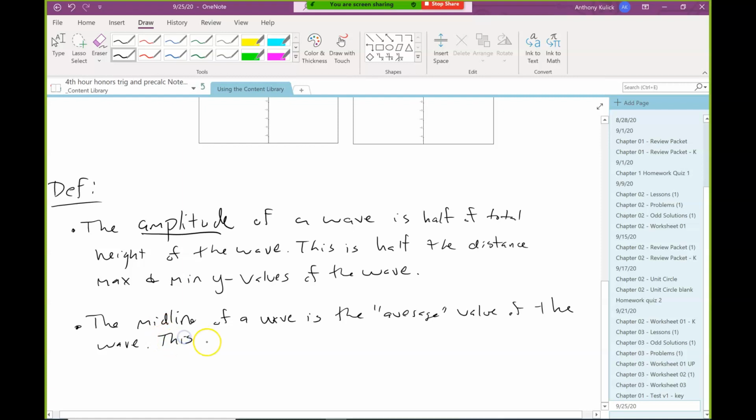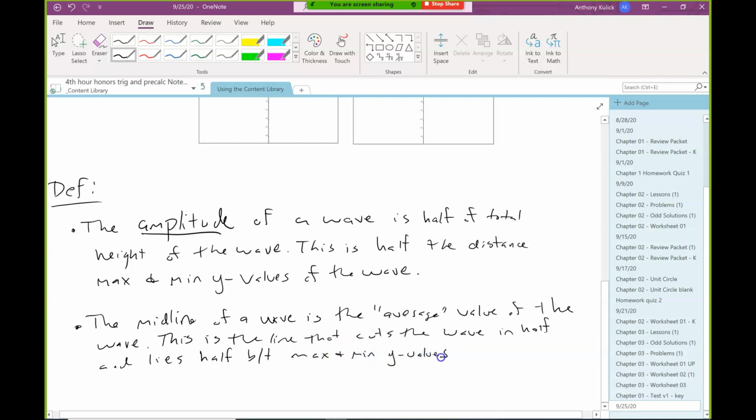That is the line that cuts the wave in half and lies halfway between the maximum and minimum y values.